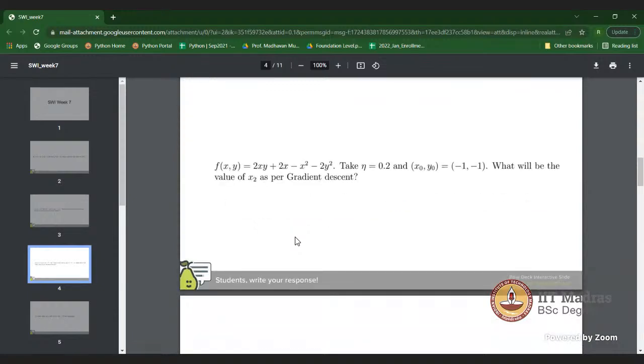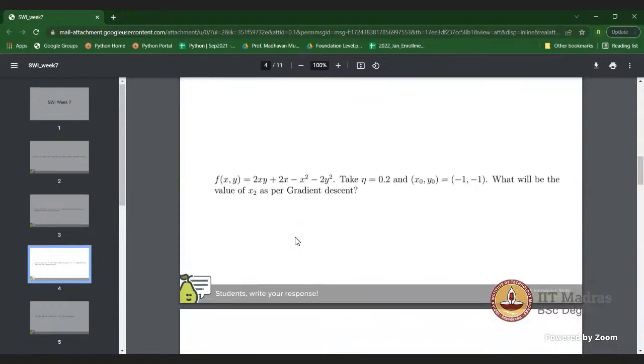I only want to understand this eta. Supposing there is a question, in what type of question will eta change from one iteration to another? It changes when eta is a function of t, that is, eta is a function of the iteration.